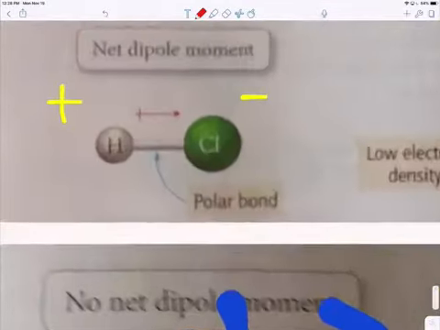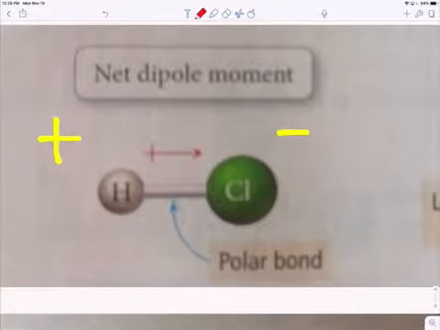So we have here hydrogen chloride, or hydrochloric acid. Hydrogen is attached to chlorine, and the thing is, chlorine is a more electronegative element. So it's really easy to remember.